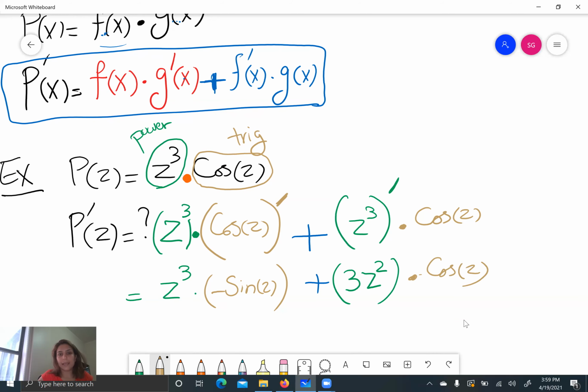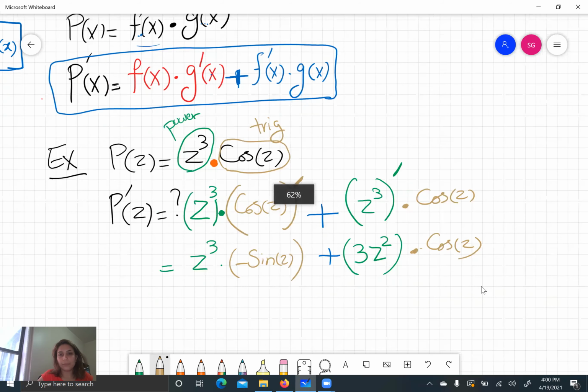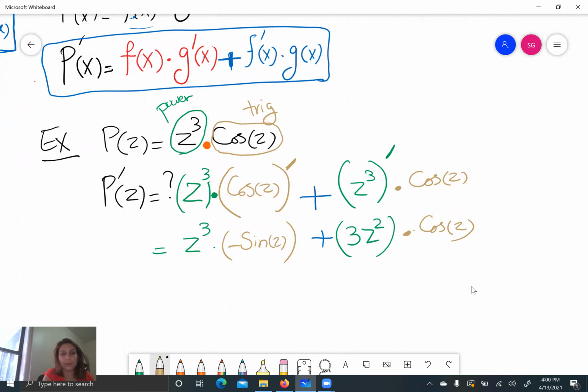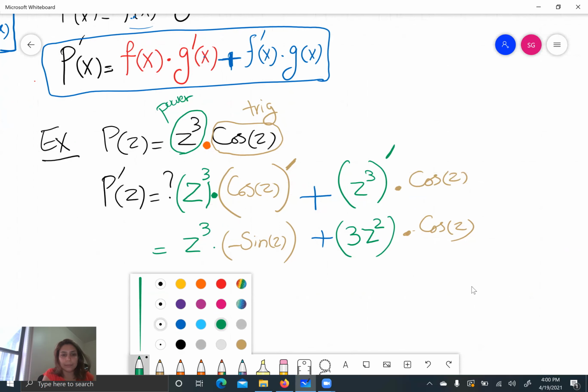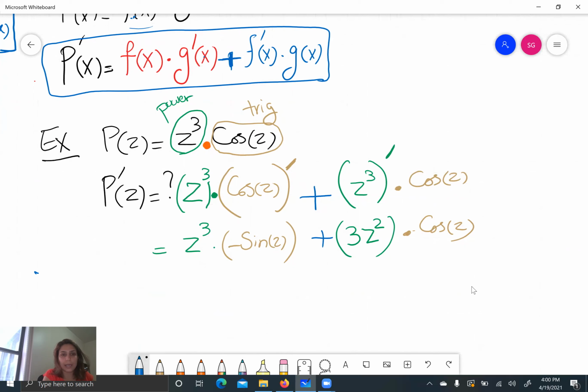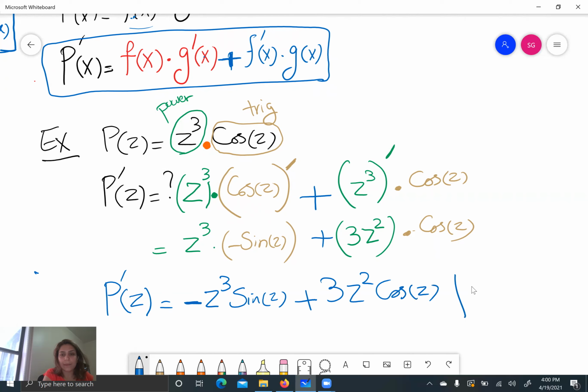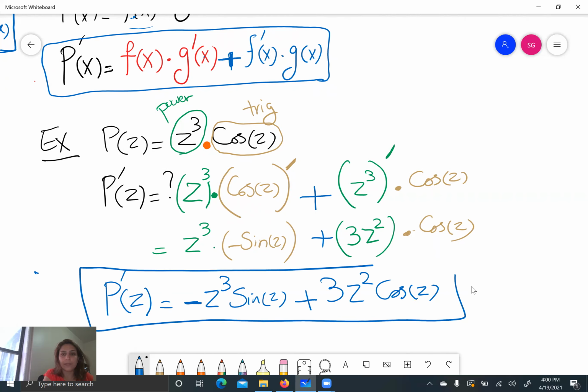So we are done, but if you'd like to write your answer in a clean way, the derivative is negative Z cube times sine of Z plus 3Z squared times cosine of Z. So this is the derivative of this function.